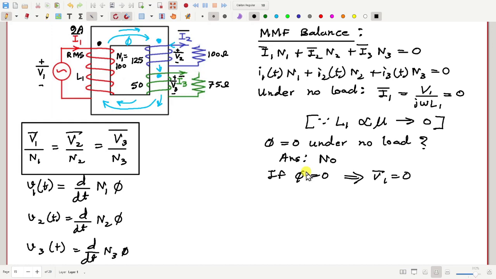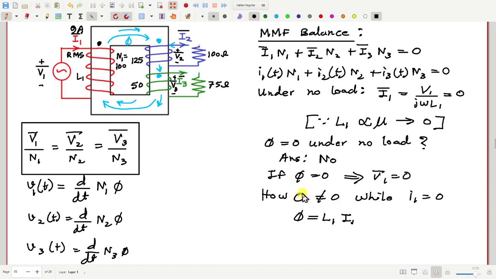So, can anyone explain how phi is not 0 while I is 0? This is because phi is equal to L1 times I1, if I write in terms of phasor quantities.